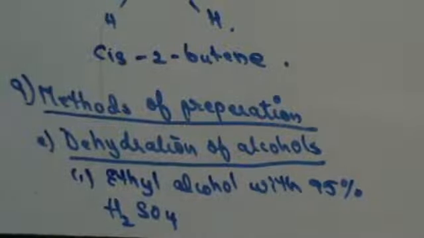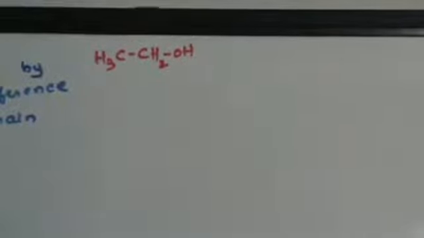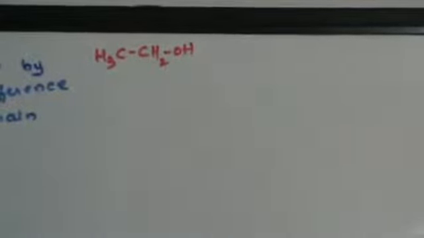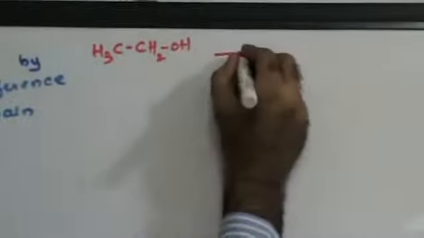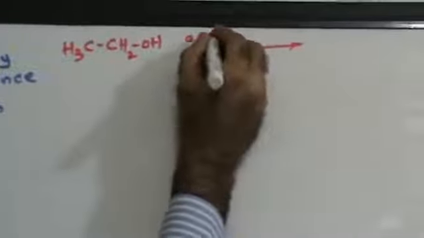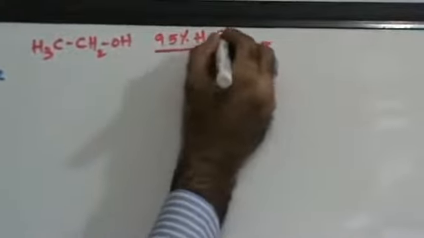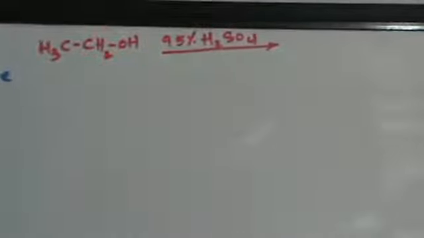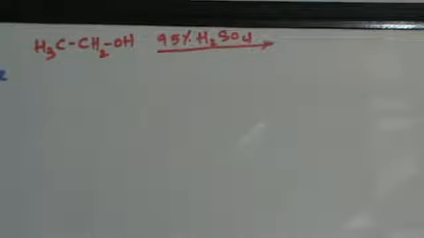Now we know that the valency of carbon is 4. This is a single bond, that means this will be H3, and this is going to be H2. So CH3CH2OH is my ethyl alcohol, heated with 95% concentrated sulfuric acid at 443 Kelvin.